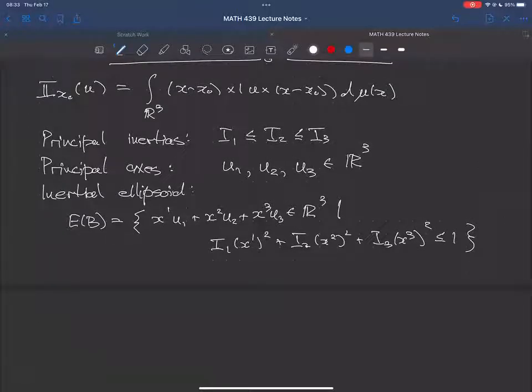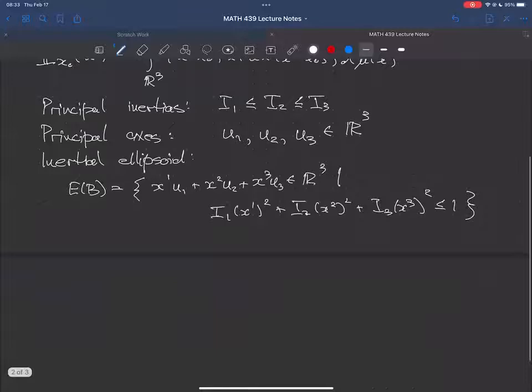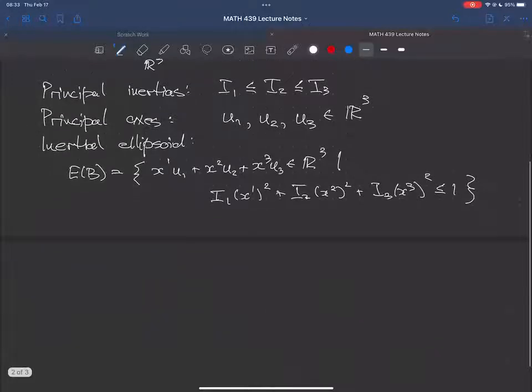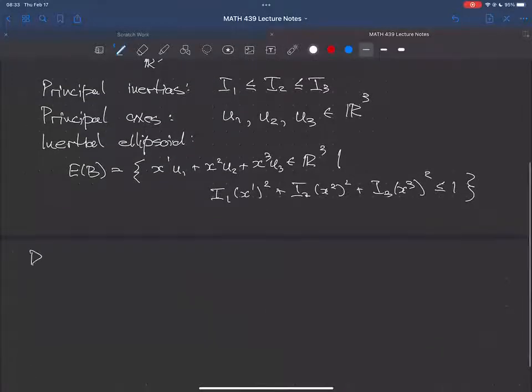And so what we talked about last time was you can kind of think of the inertial ellipsoid as being shaped like the inertia of the body, not necessarily shaped like the body. And the inertial ellipsoid allows us to say a few things very quickly about properties of a body. And so one thing that you can talk about of a body is you can talk about an axis of symmetry.